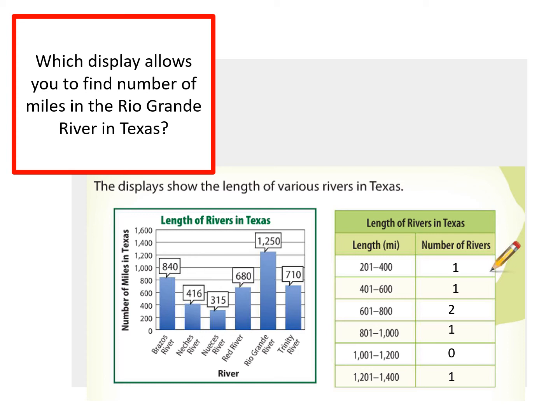In this question, the number of miles in the Rio Grande River, the length of the river. The frequency table over here tells me the types of rivers. No, there's no name of the river on my frequency table over here. But my bar graph tells me the names of the rivers. So here, I definitely want to use a bar graph.